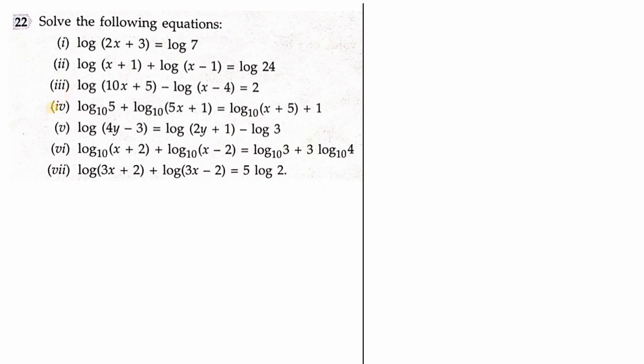Now let's do number 4. So in number 4 we see you have log. Okay, since 10 is the base everywhere, I will not mention it. If I don't mention it, then it is understandable that the base is 10.